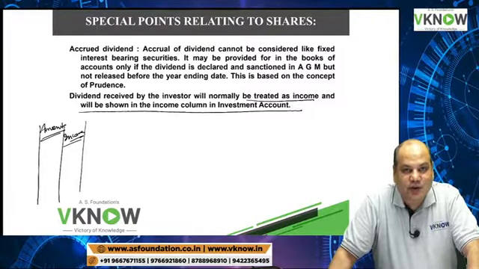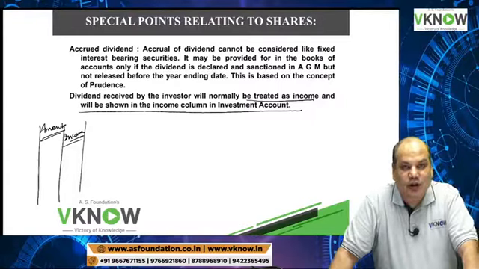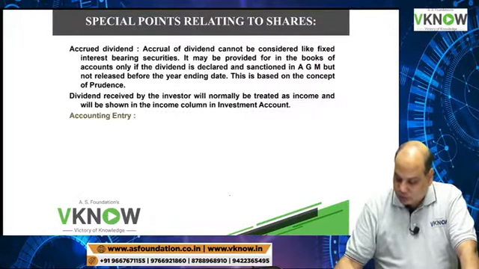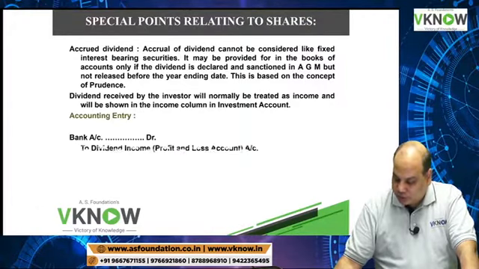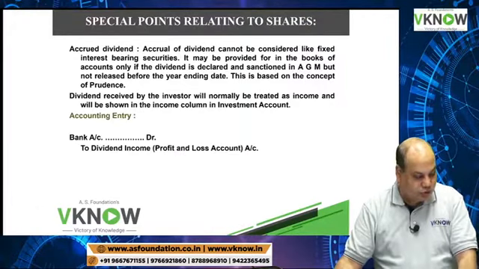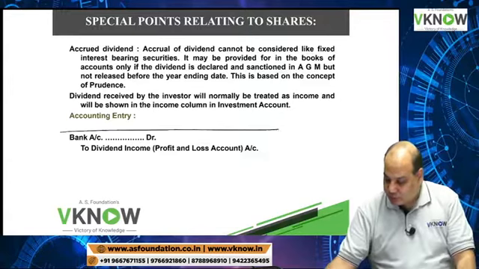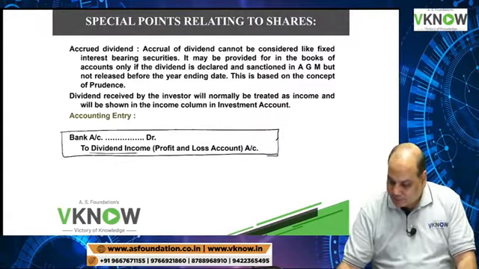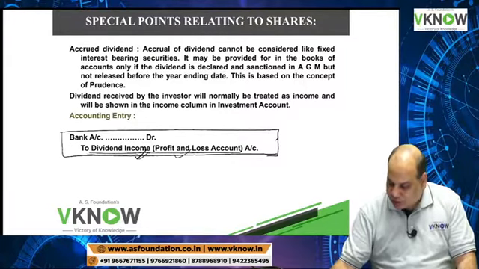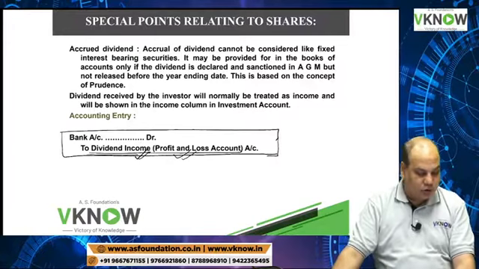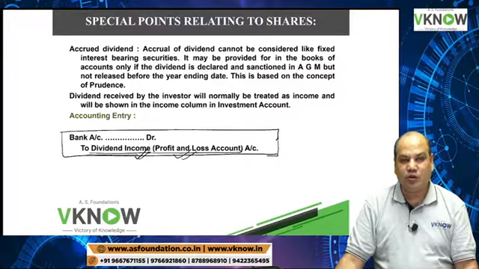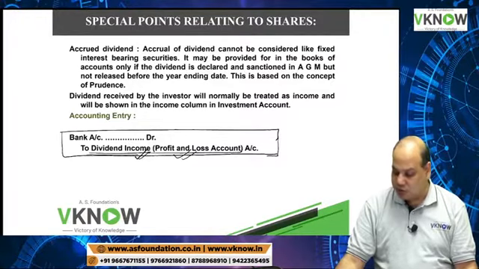We receive dividend. Accounting entry: bank account debit to dividend income account. This is normally the entry we will pass for dividend income on equity share, and dividend income is transferred to profit and loss account because it is your income on investment.